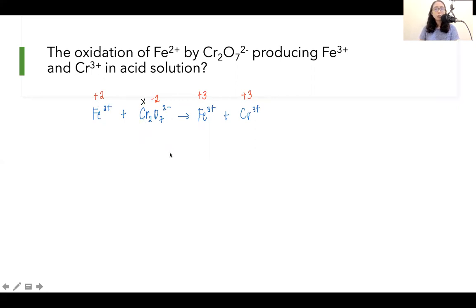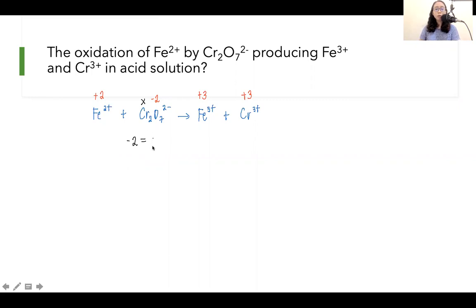Now, what is the oxidation number of chromium in this ion? We can use rule number 6. The sum of all oxidation numbers of all atoms in a molecule or ion is equal to the charge of the molecule or ion. The overall charge of dichromate is -2. So the sum of all oxidation numbers must be -2.